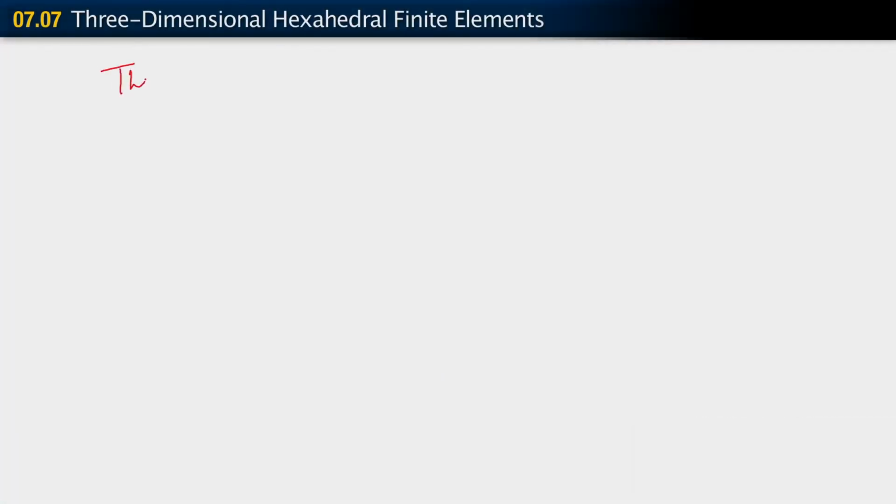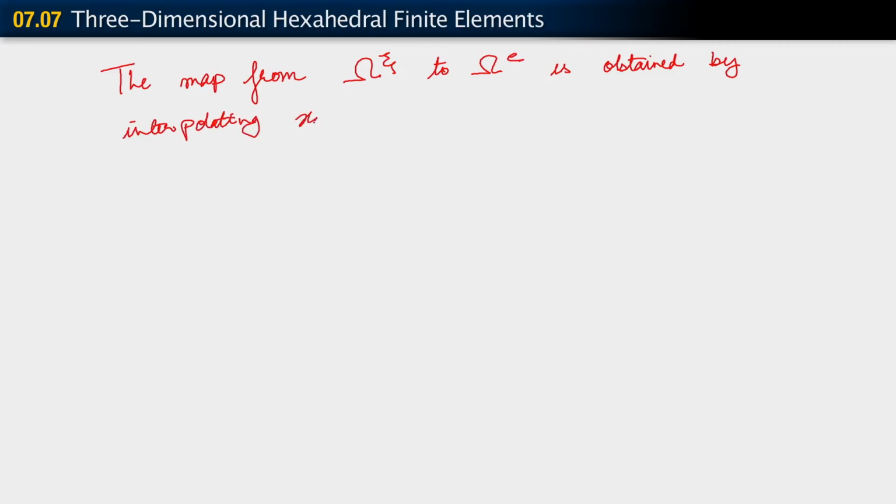So the actual map from omega c to omega e is obtained by interpolating x as a function of c, and here I will use the general notation c as a vector to represent the coordinates c, eta, zeta.